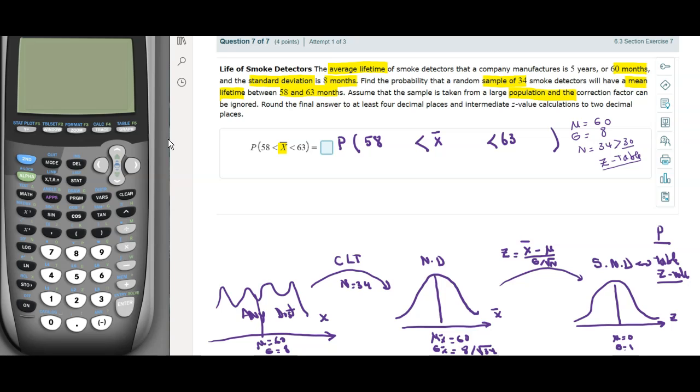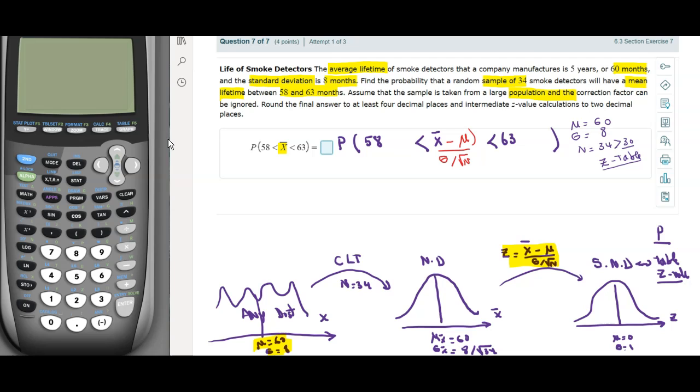Then we apply the standardization formula directly, using the original values, so we can do it in one jump, all the steps in one. For x bar, we take away the mean and divide by sigma divided by radical n.